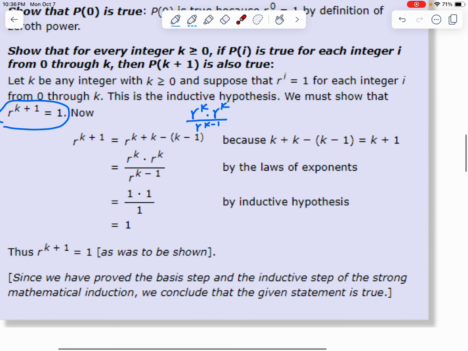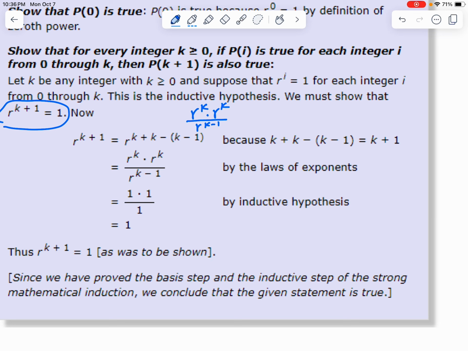The next step, because we already assume r to the i equals 1 for each integer i from 0 to k, so therefore this is k. According to the supposition, this is going to be 1. And this is also 1 for the same reason. Now r to the k minus 1.